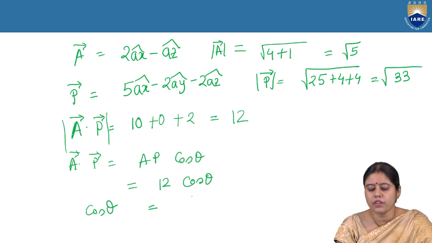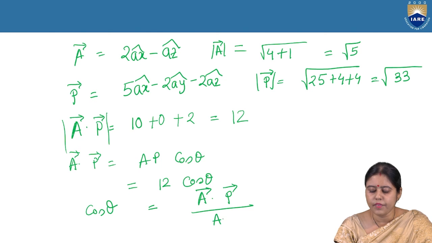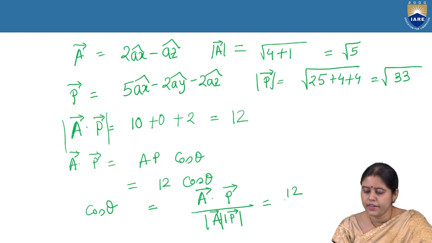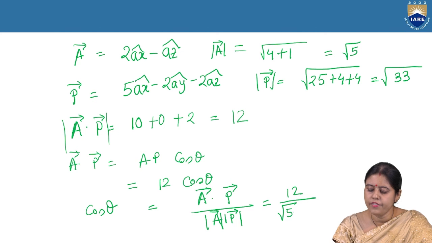What is the value of cos theta? A dot P divided by mod of A, mod of P. So what is the value? 12 divided by root 5 root 33.